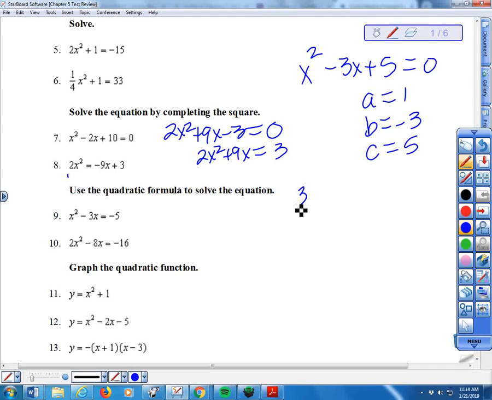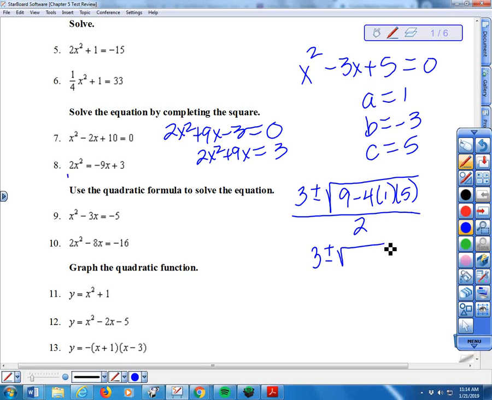Negative b plus or minus the square root of b squared minus 4ac all over 2a. 3 plus or minus the square root of 9 minus 20, negative 11. So I'm not quite done. 3 plus or minus the square root of 11 i. Okay.